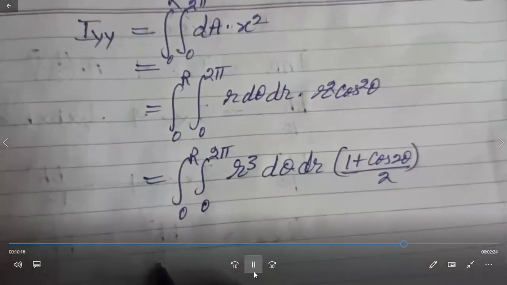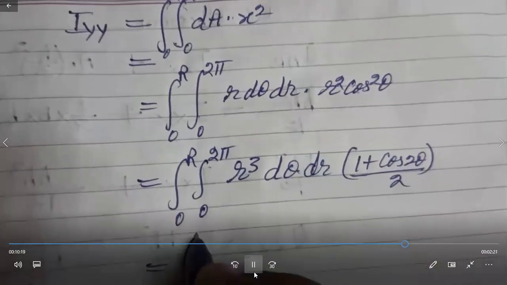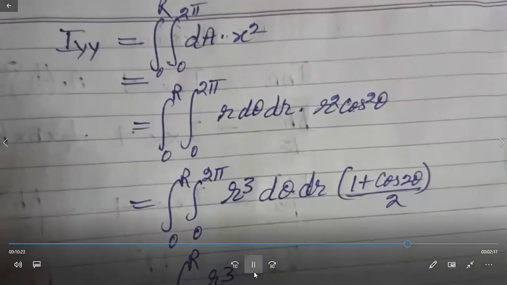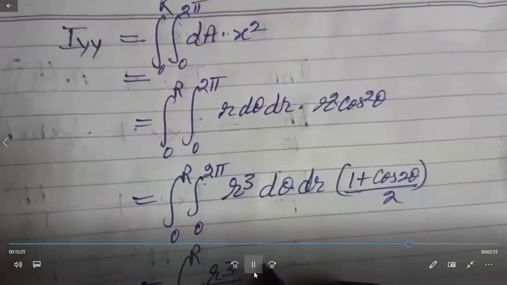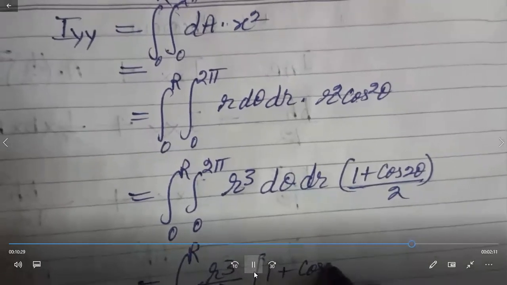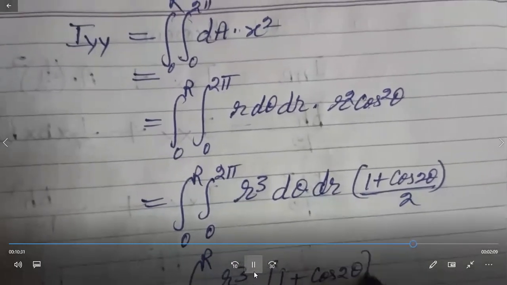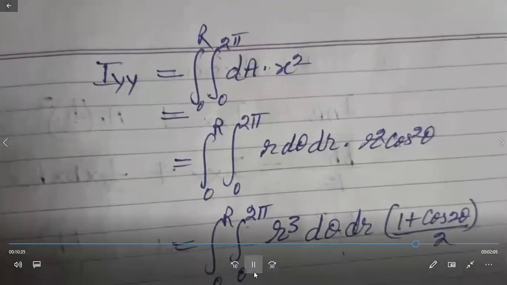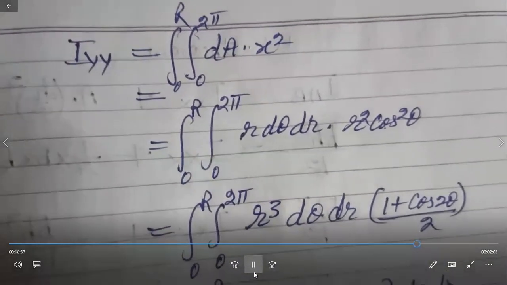Now on integrating from 0 to R, r cube, 2 is taken outside, 1 plus cos 2 theta into d theta dr, and integrating it from 0 to 2 pi.